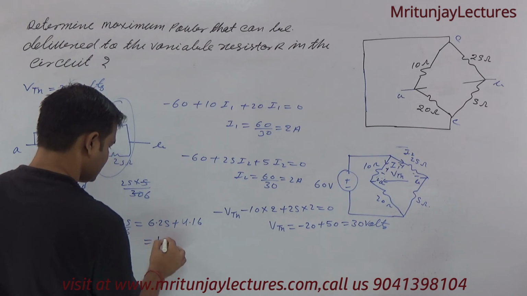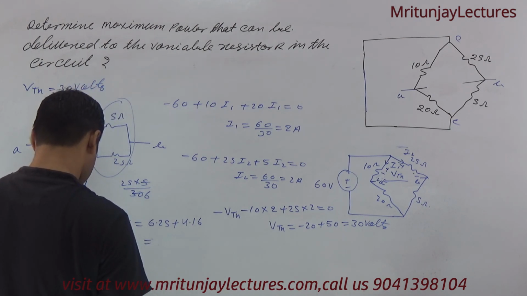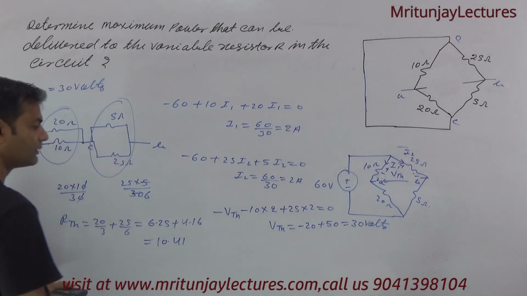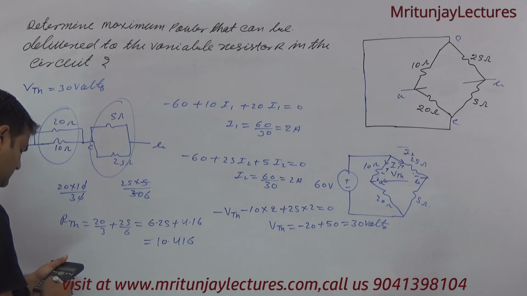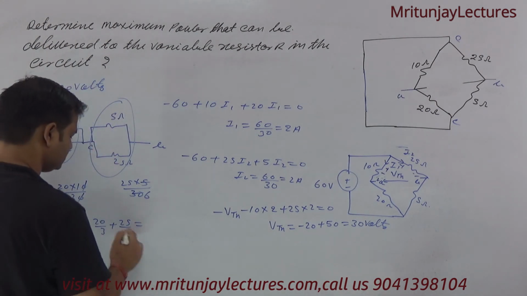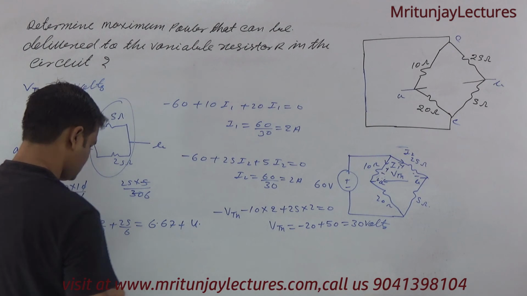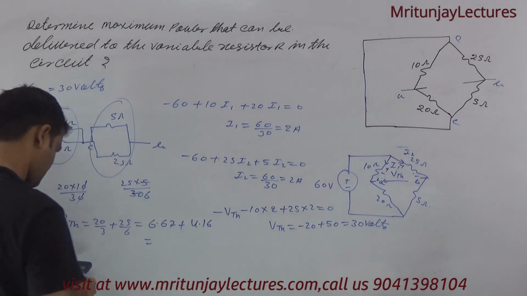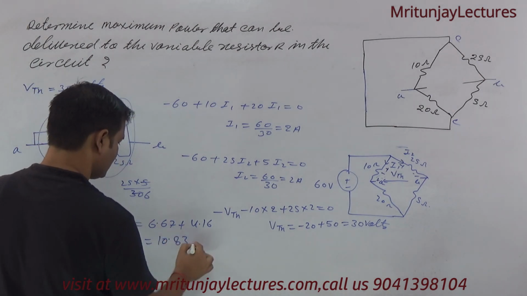So 6.67 plus 4.16 is finally 10.83 ohm, that is RTH.